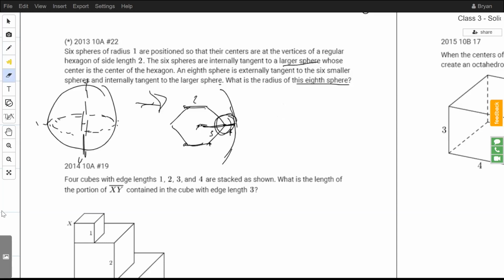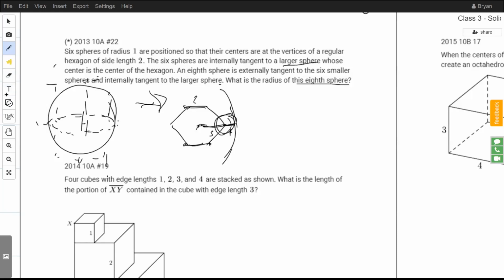Actually, it's not going to be top down. It's more going to be if we take it from the side. It's hard to explain, but once I draw the cross section, I think it'll be easier to understand.